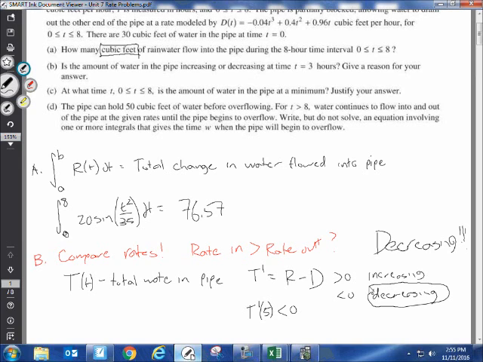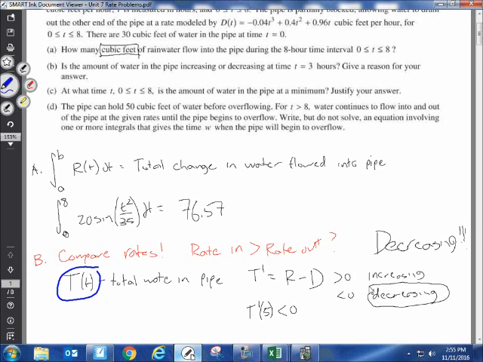Okay? Part C. At what time is the amount of water in the pipe at a minimum? Go. We got to think, okay, I want a minimum for the total amount of water. That's going to be at a relative min for T or at an endpoint.